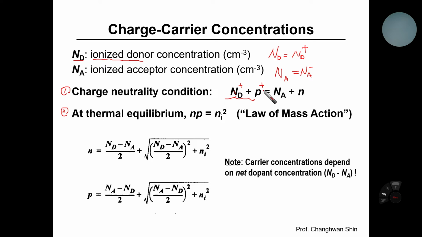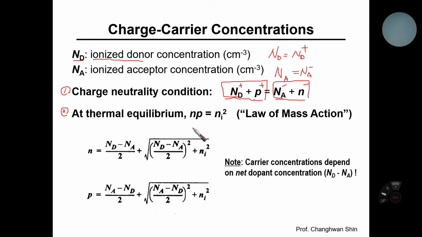On the right-hand side, you can see the negative charge: n indicates the electron concentration, and N sub A minus is the negatively charged acceptor concentration. So N sub A minus plus n indicates the total amount of negative charge. Always, for a given sample, the total amount of positive charge should be well balanced with the total amount of negative charge. This charge neutrality condition should always be satisfied for any type of material.